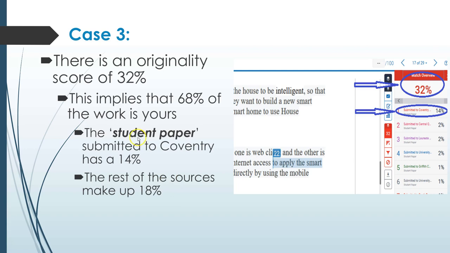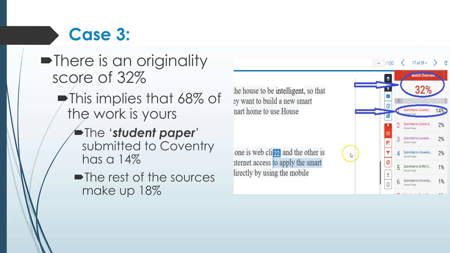Remember, this student paper could very well be the student's own initial or draft submission, so it does not necessarily have to be another student, though it could be. When you drill further down, you'll know exactly who this paper belongs to.